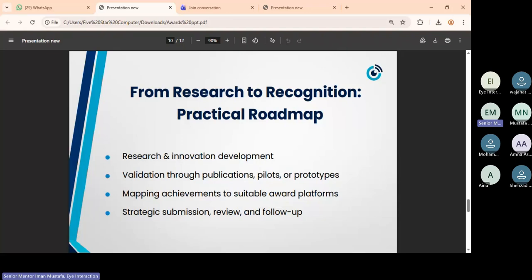This is the most important thing you must understand: the relevant award is very important for your success, right? And the last one is to submit strategically and professionally. Strategic submission, reviews, and follow-ups are mandatory. So this is how you move from research efforts to global impact, to global recognition.